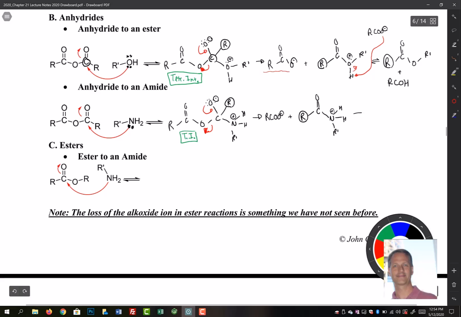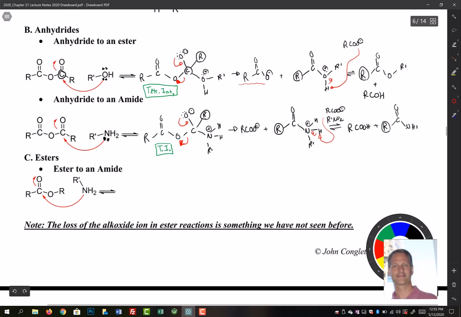And to do that last deprotonation, we could use our R prime NH2, or we could use RCOO minus. But we're going to come over here and grab one of these H's, and that'll give us our neutral final product. So you're going to get an RCOOH if you use that carboxylate, plus your R carbonyl, so your NH R prime.